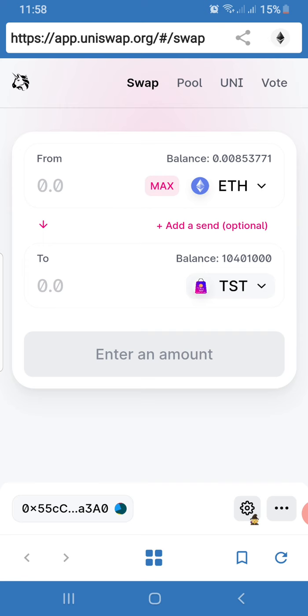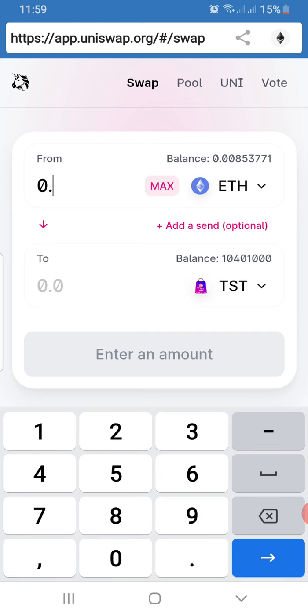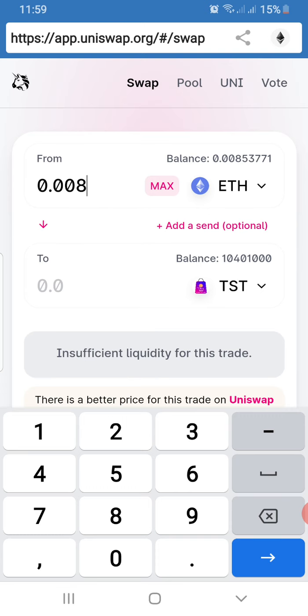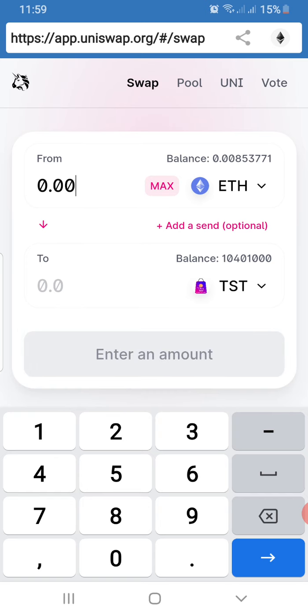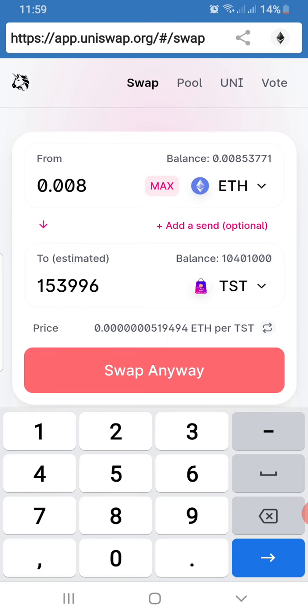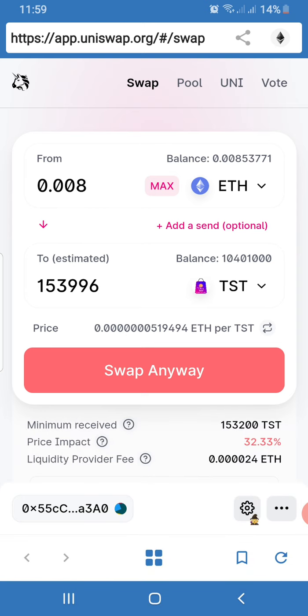Let's say I want to buy TST, for example. Let's say I want to use this 0.008 Ether to swap. Now let's look down at the bottom here under swap.